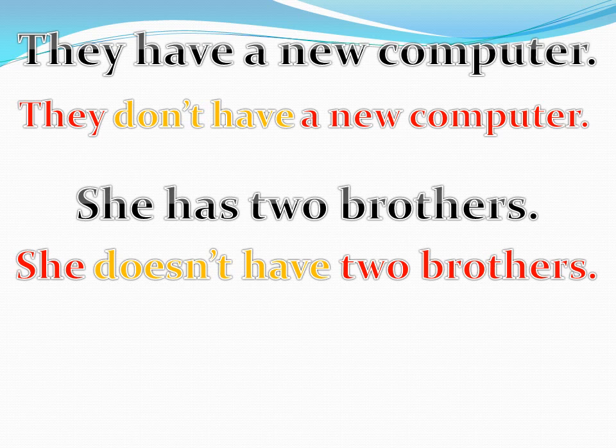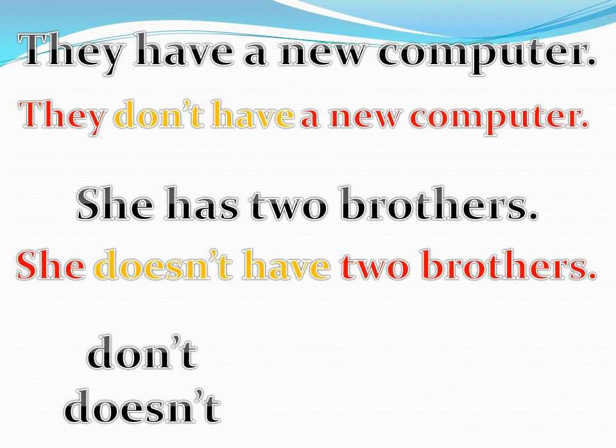We can't say she doesn't ha. It's not a word, so we will call that big sister. So don't or doesn't, both of them must be followed with have and not has. Okay, if we use don't or doesn't, after them we put have only. We never put has.